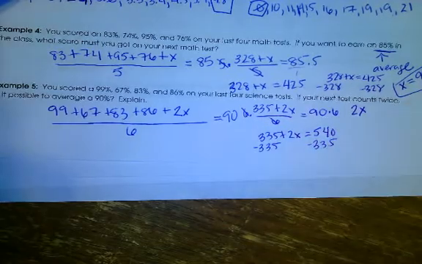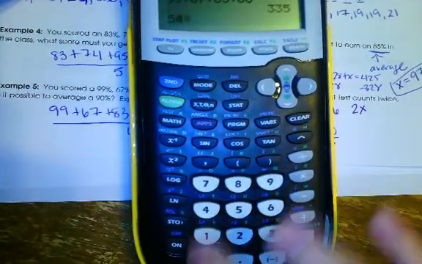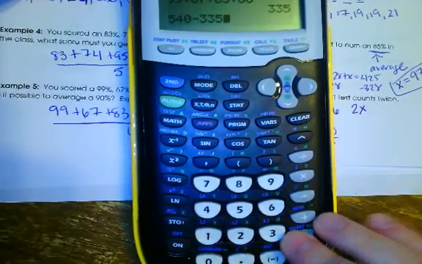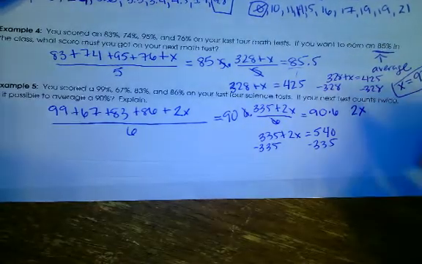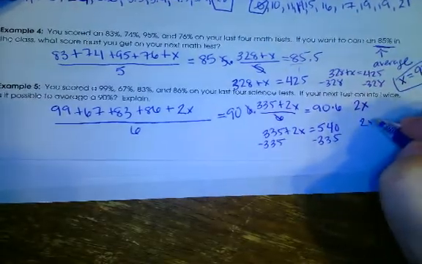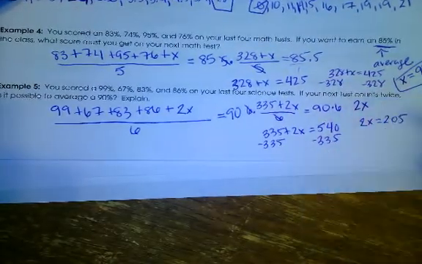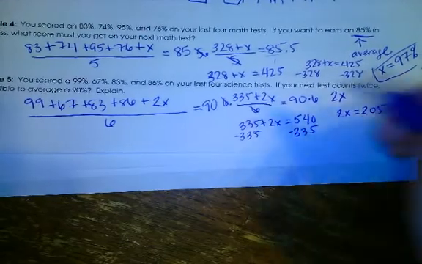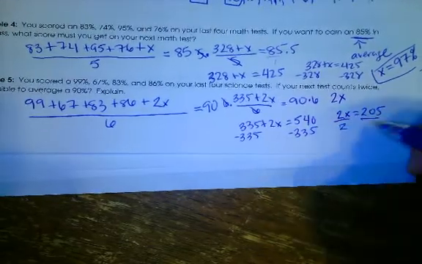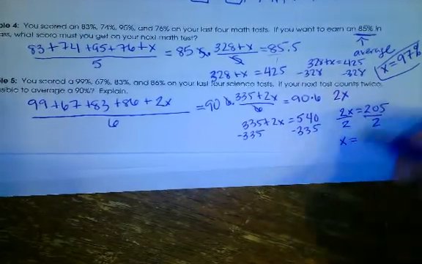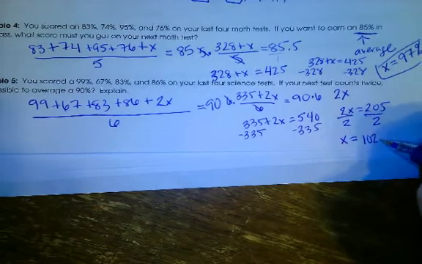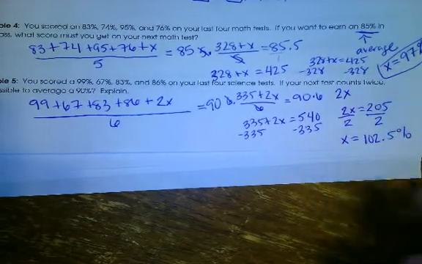Next, I'm going to subtract 335 from both sides. And 540 minus 335 is 205. So we get 2x equals 205. Hopefully next you know we divide by 2, and we get that x is equal to 102.5%.